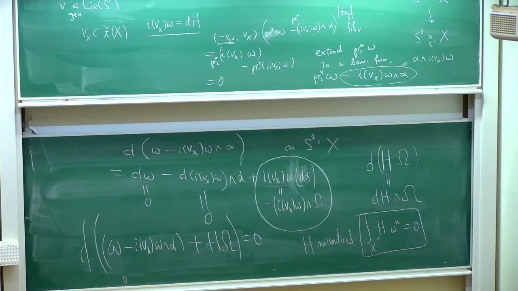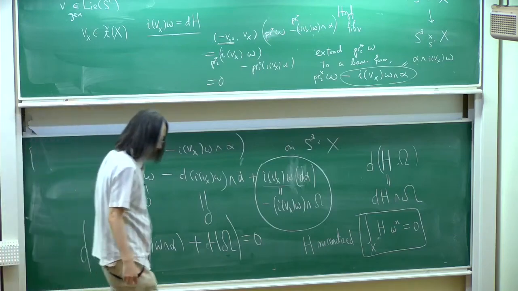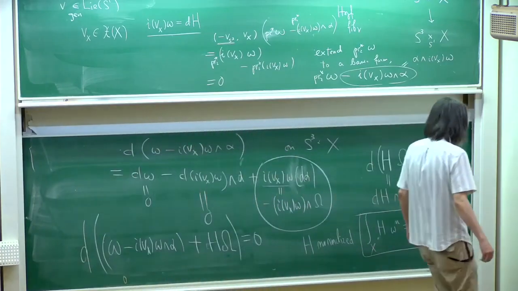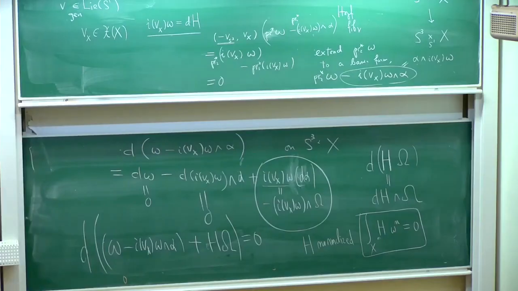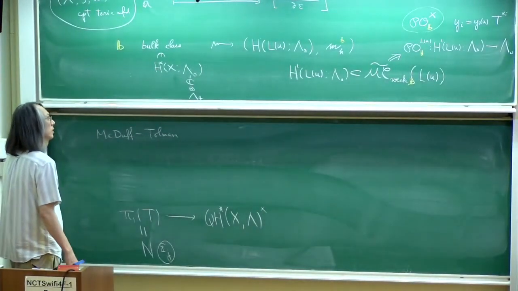And then what? Actually, McDuff and Tolman understood the Seidel element of circle actions in certain cases.